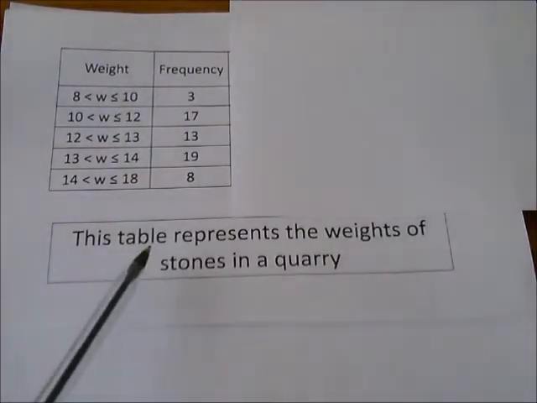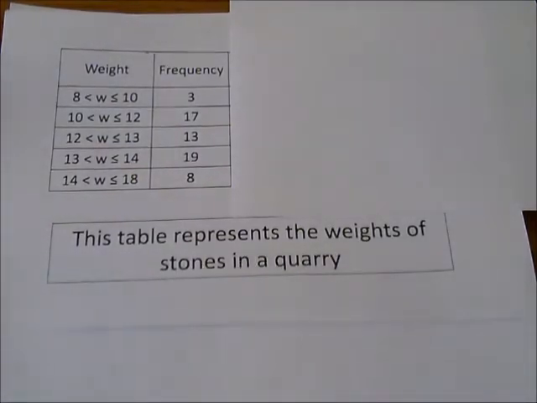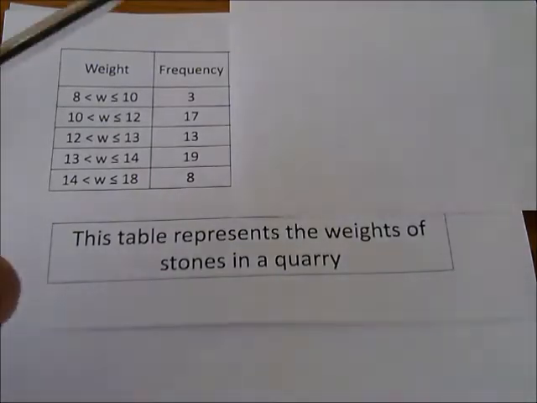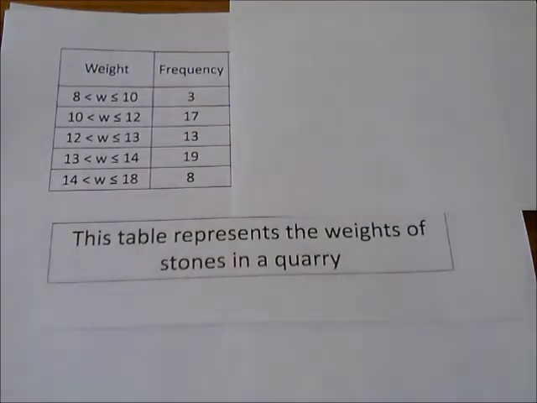We've got the weights of stones in a quarry, and the table tells us that for the weight of stones between 8 and up to and including 10 kilograms, there are 3 stones in that category, so 3 stones with a weight of between 8 and 10 kilograms.